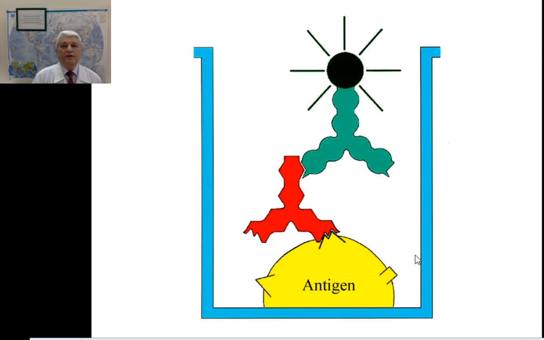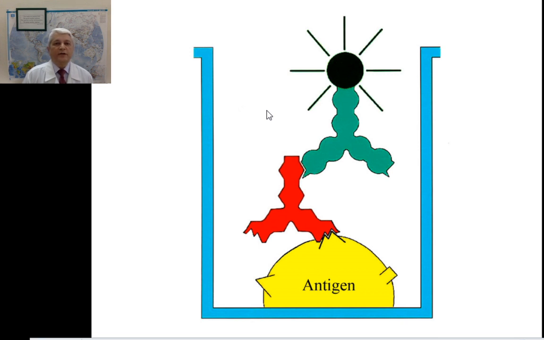So we have a system with a few components: antigen on the bottom, then a monoclonal antibody, then an antibody against the monoclonal antibody together with the enzyme. Then we add stain, and this enzyme changes the color of the solution.